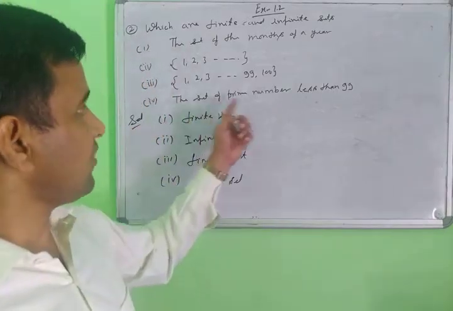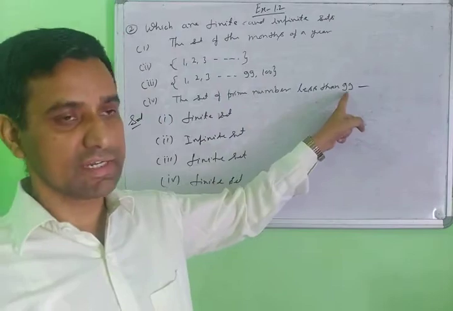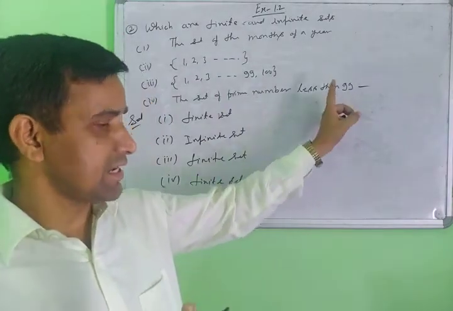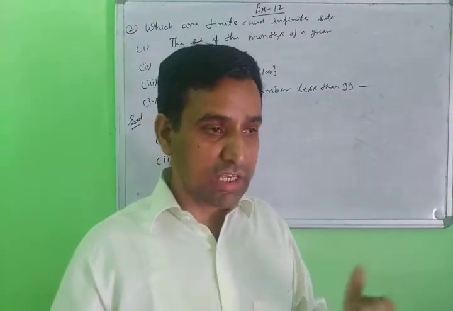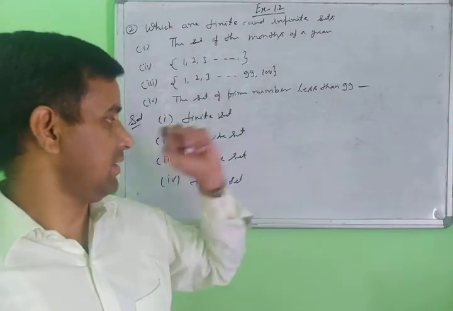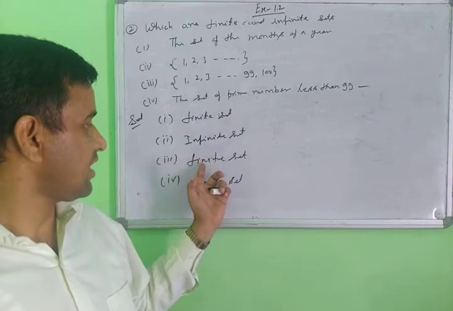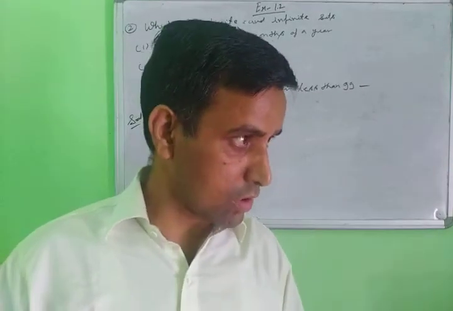So this is also a finite set because the limit given is less than 99, meaning between 1 and 99. You can easily count how many prime numbers are between 1 and 99. So these are finite, infinite, finite and finite. So this is question number second. Note it down. Then the next question.